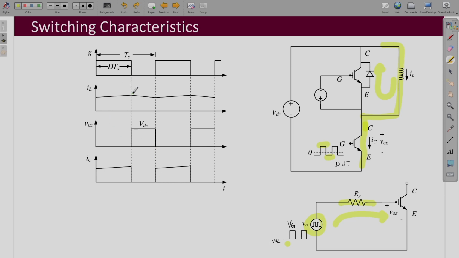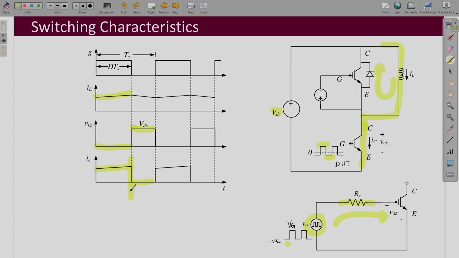If we see the ideal current and voltage waveform, this is your IL, which slightly increases while the switch is on if it is heavily inductive. At that time ideally the collector emitter voltage is 0, and the collector current is equal to your IL. After that, as the device is turned off, it blocks the voltage VDC, and the current is 0.